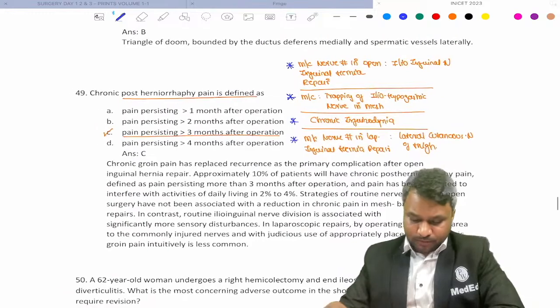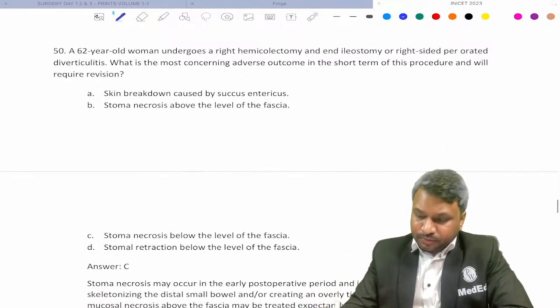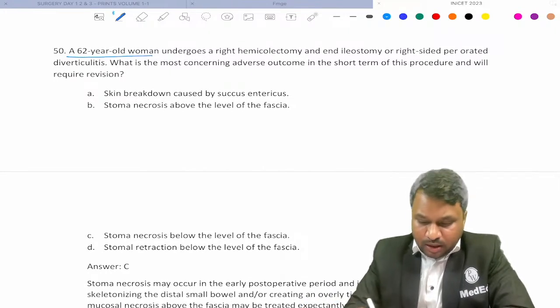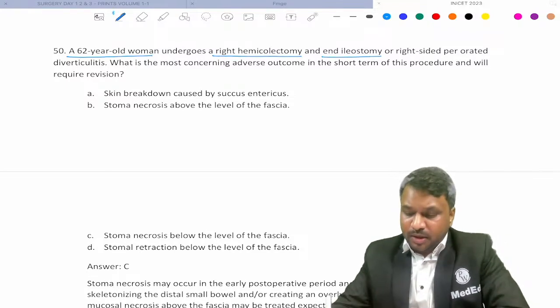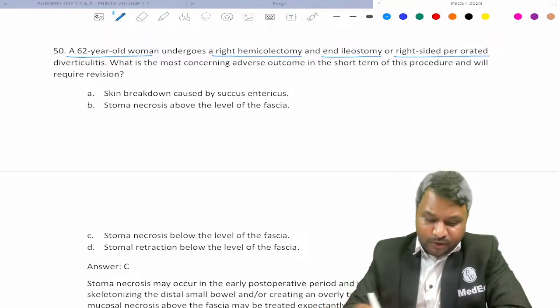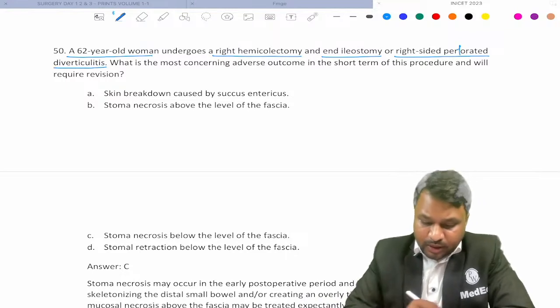Okay. So, question number 50. A 62-year-old woman undergoes a right hemicolectomy and an end ileostomy for perforated diverticulitis.